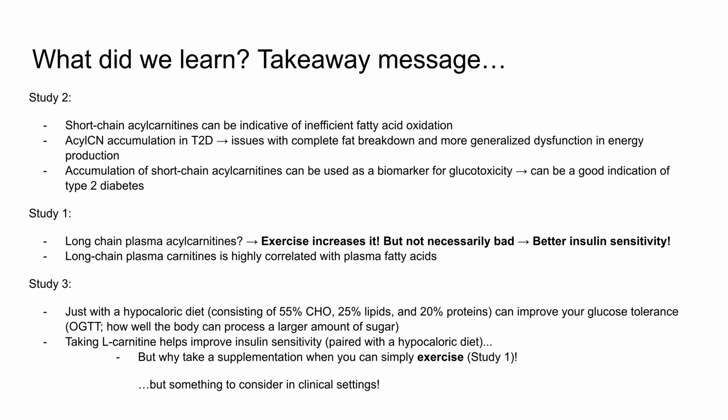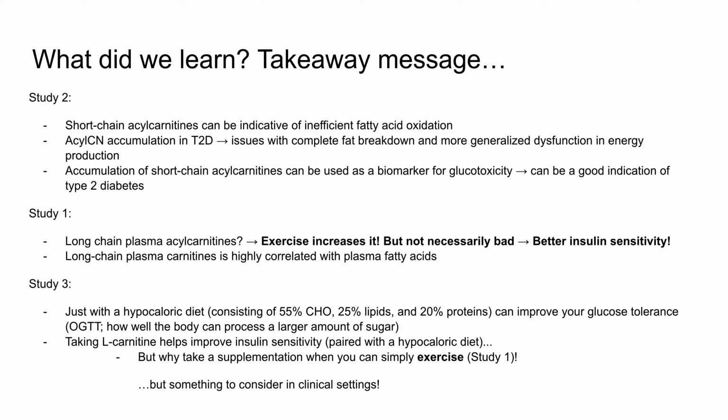In study 1, however, long chain plasma acylcarnitines actually increased with weight loss, but this is not necessarily bad. Even though we saw short chain acylcarnitines were elevated in type 2 diabetic patients, during exercise, long chain plasma acylcarnitines were increased because you are undergoing more beta oxidation. So this is not necessarily bad, because researchers saw that they actually had better insulin sensitivity.